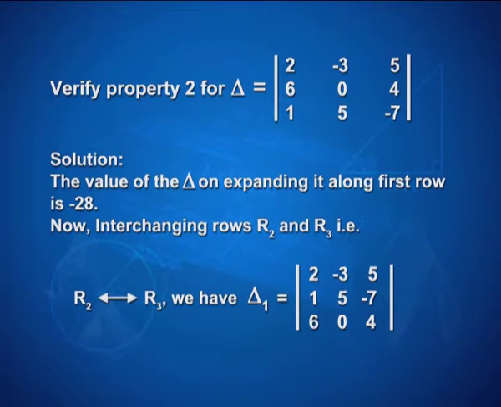Now, interchanging rows R2 and R3, we have determinant 1 is equal to 2, minus 3, 5, 1, 5, minus 7, 6, 0, 4. We have interchanged the second row and third row here.